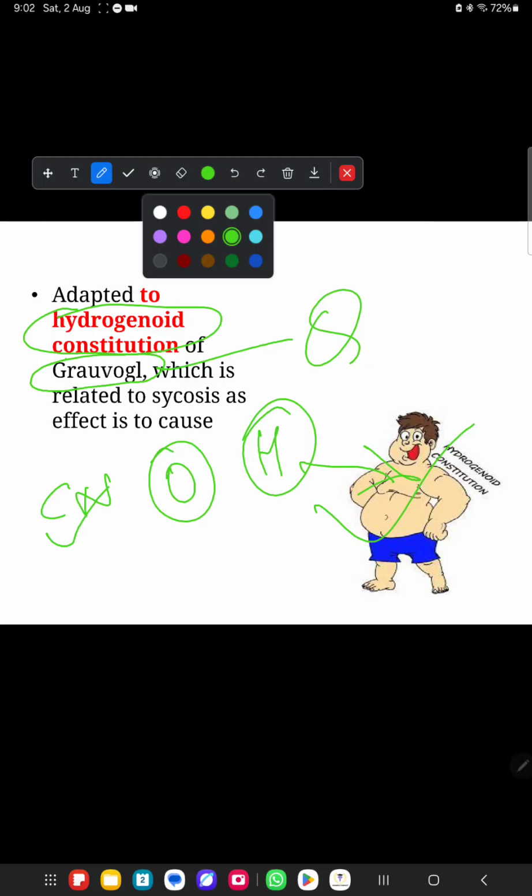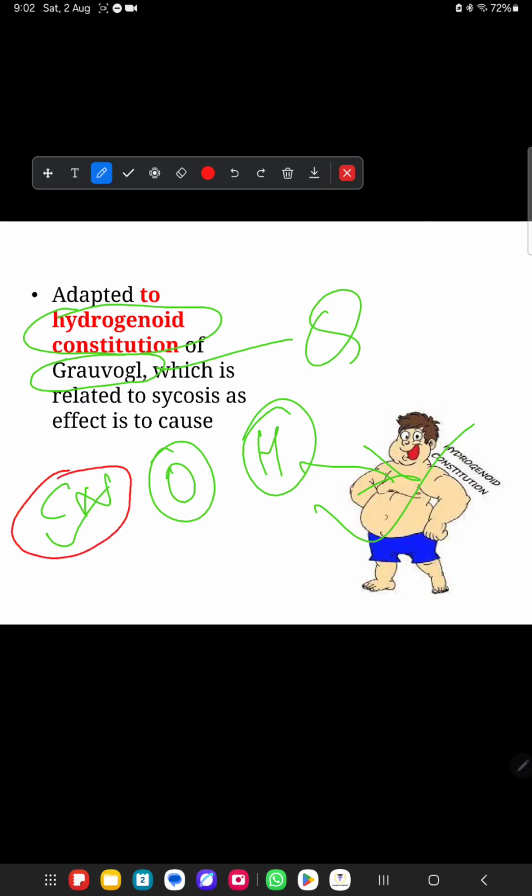Now we can correlate. Can anyone tell me this carbonitrogenoid is related with which miasm? This point we can correlate with the Organon of Medicine. So can anyone tell me? This question comes: carbonitrogenoid is related with which miasm? Psora.